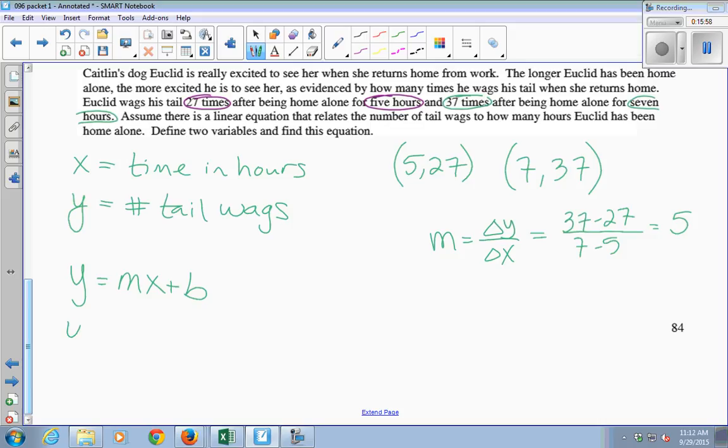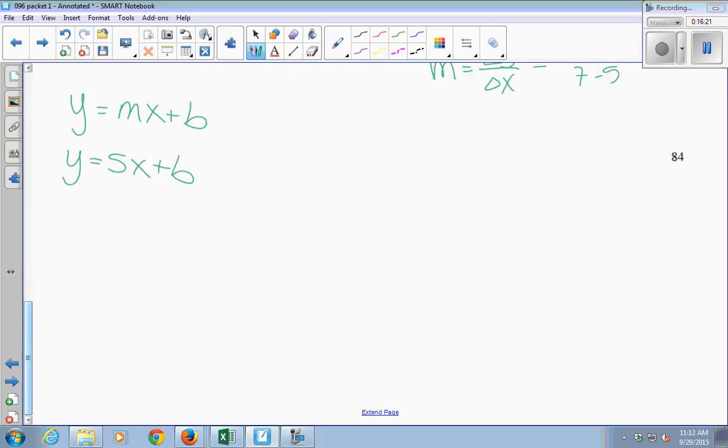I come back to my equation. I replace my m with a 5. Now I just have to figure out what b is. To figure out what b is, I can use either of my 2 points. I can plug in the x coordinate for x, the y coordinate for y, and solve for b. So I'll use, say, 5, 27.